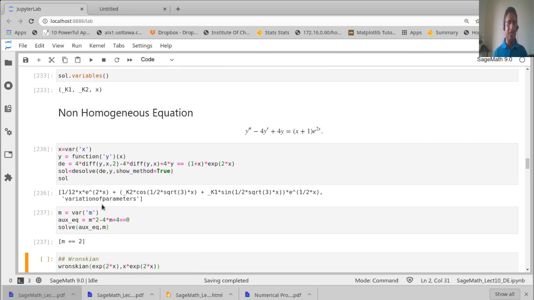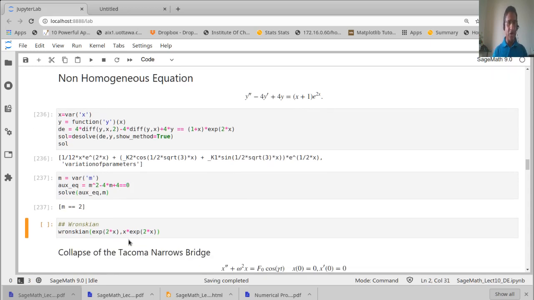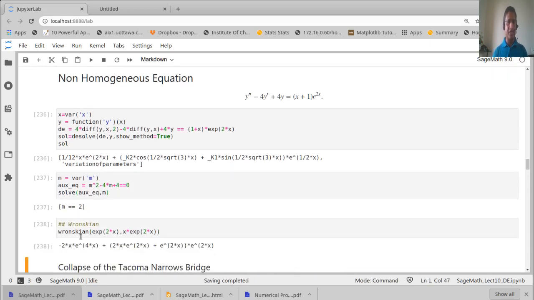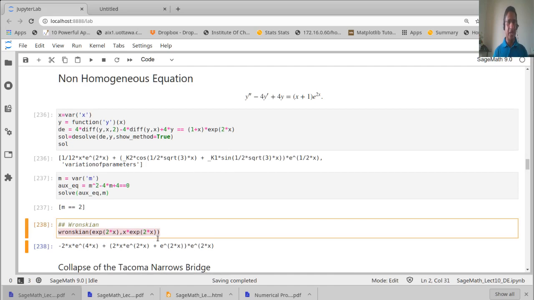So in this case one solution will be e to the power 2x, and the other one will be x into e to the power 2x. And you can find the Wronskian of this. There is an inbuilt function to find the Wronskian, and the Wronskian in this case will be non-zero. You can see here, this term will never become 0. This is always positive, always non-zero in this case. So these two solutions, that is e to the power 2x and x into e to the power 2x, are linearly independent.